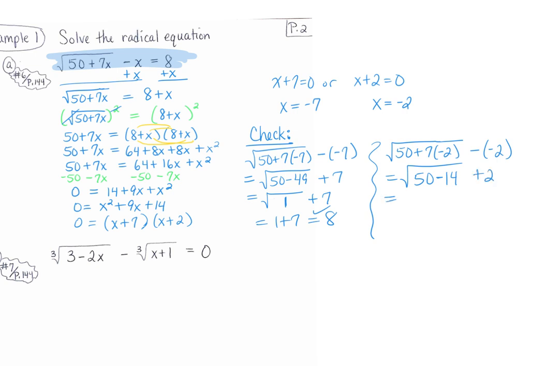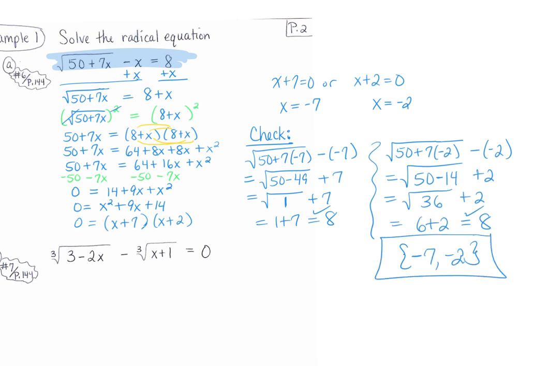What's 50 minus 14? 36. You get the square root of 36 plus 2. The square root of 36 is 6, plus 2 is 8. Does it check? So your solution set is negative 7, negative 2.